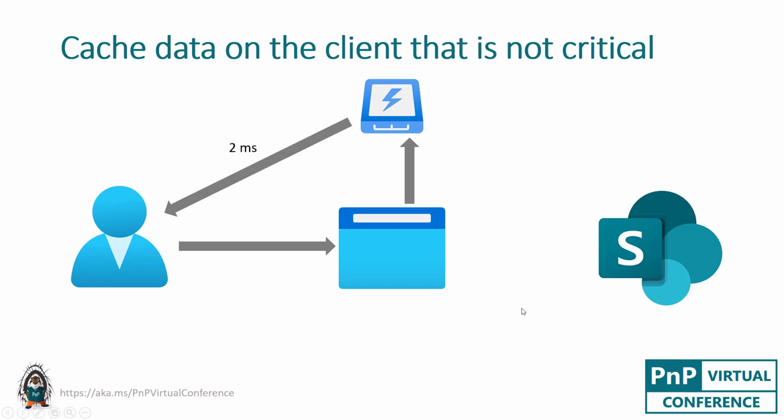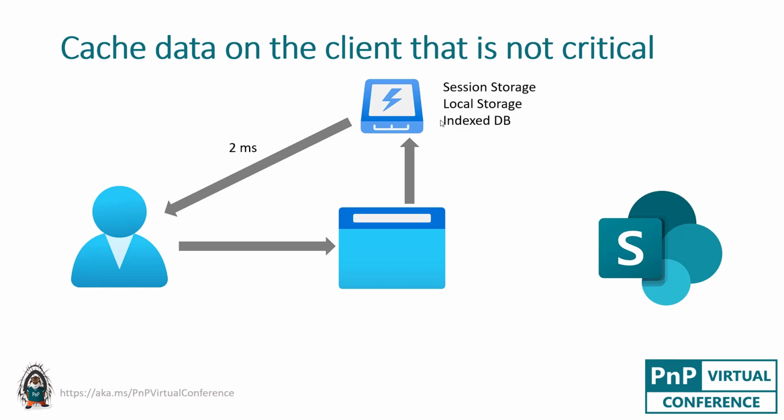But once we do it, we can store it within the browser storage. And then next time when the user visits the page, instead of a 200 milliseconds delay, we'll get a 2 milliseconds delay and we can process the content faster. Different mechanisms are there, and we have session storage, local storage, IndexedDB, and WebDB, and most of those are supported by all the browsers.